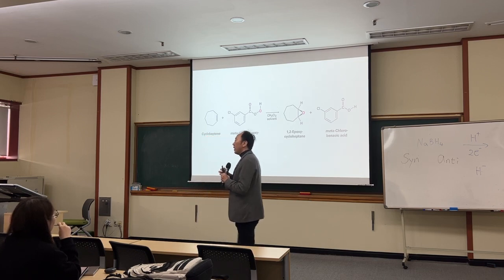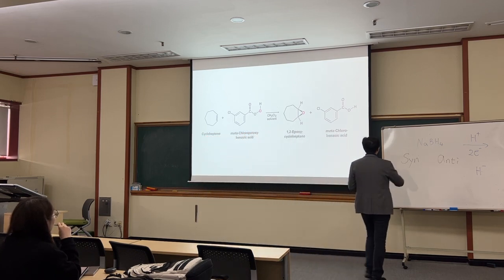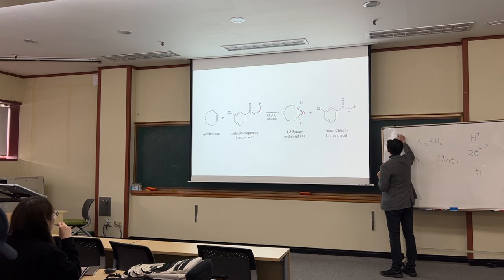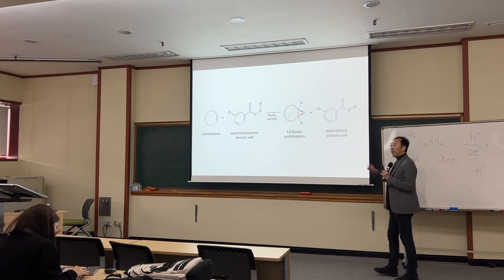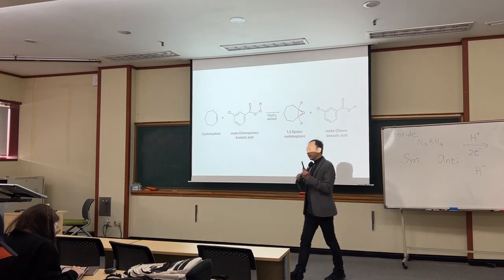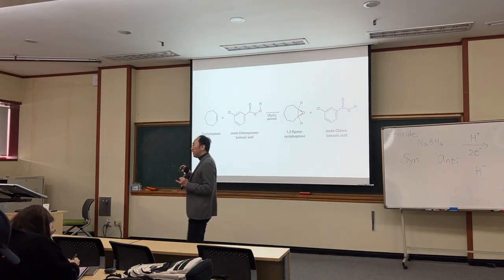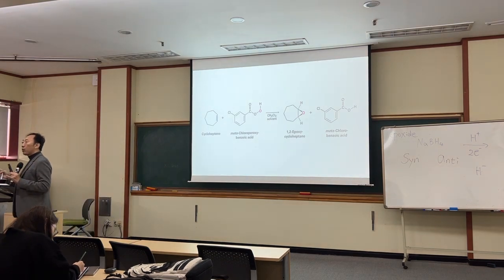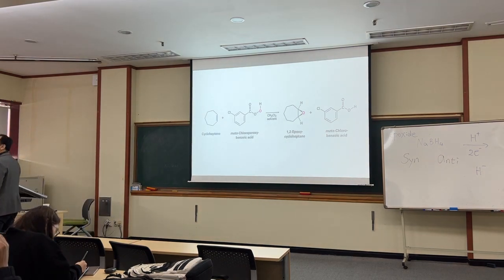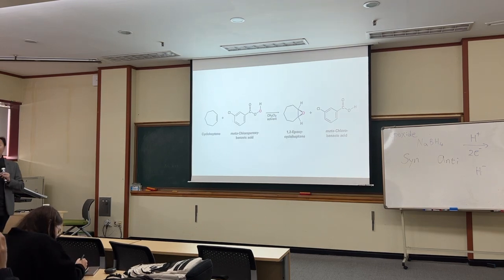This kind of bridged molecule we call epoxide. That is the product. One oxygen is inserted in the middle, similar to the chromium salt intermediate. The chromium one is an unstable intermediate. Epoxide is reactive but more stable than chromium. It can be isolated.